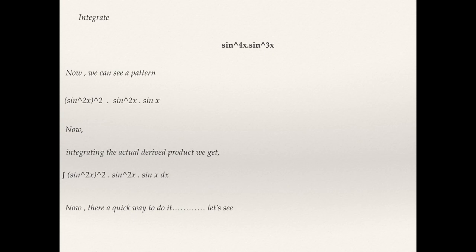Now what do we have to do? We have to simplify this so that we can get into the square form, because after we get into the square form, we can actually do something.